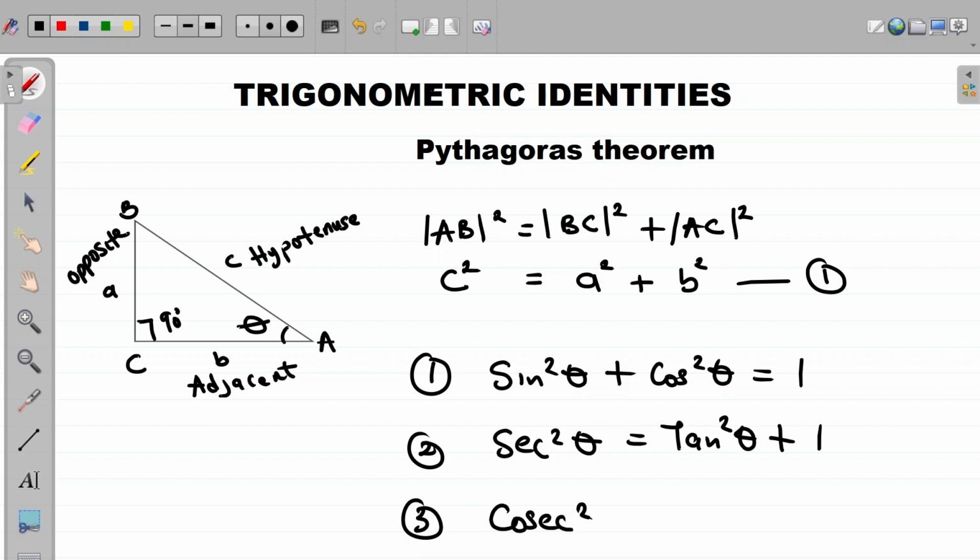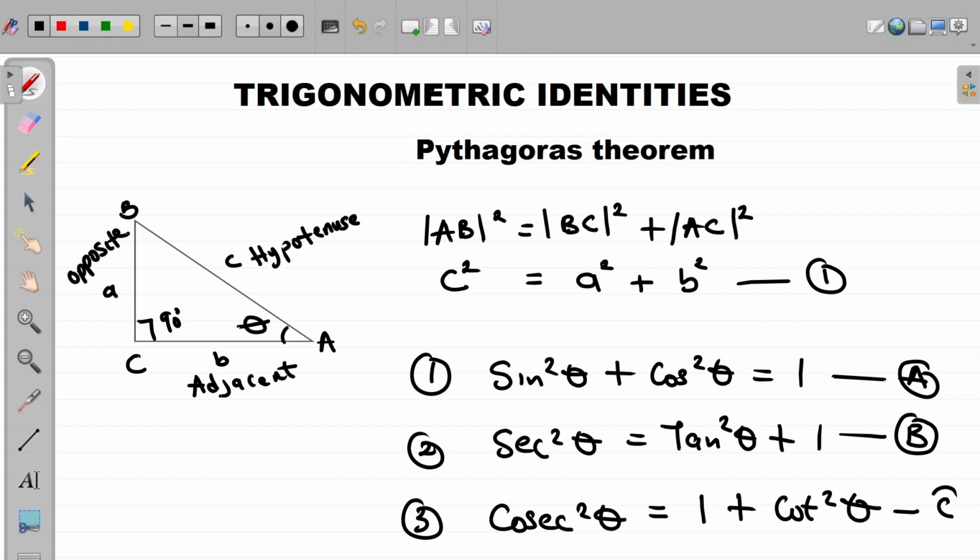Cosec squared theta is equal to 1 plus cot squared theta. Let me call here equation A, call here equation B, and call here equation C.